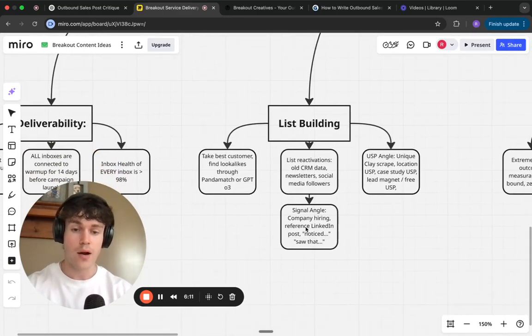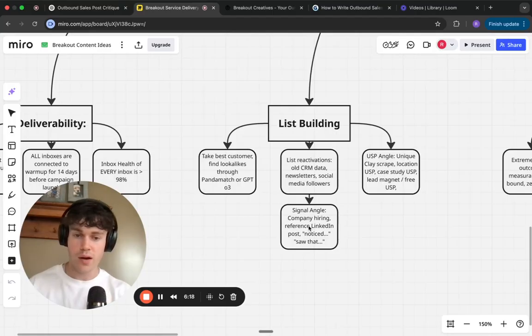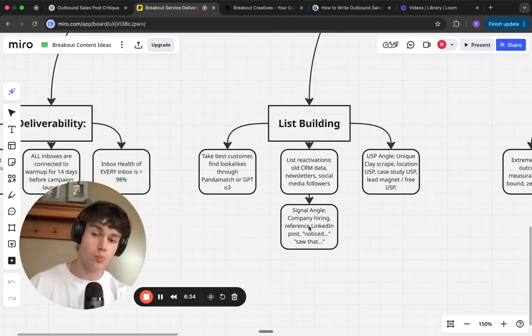And then the final thing I would do in terms of building lists would be looking at signals with companies. So whether they're hiring, maybe, I try to stray away from the whole "oh, they just raised funding." It's just really exhausted. I don't think it actually performs that well. But I think there's a lot of creative ideas you can do with hiring being a big one, and honestly, changes going on within a company.